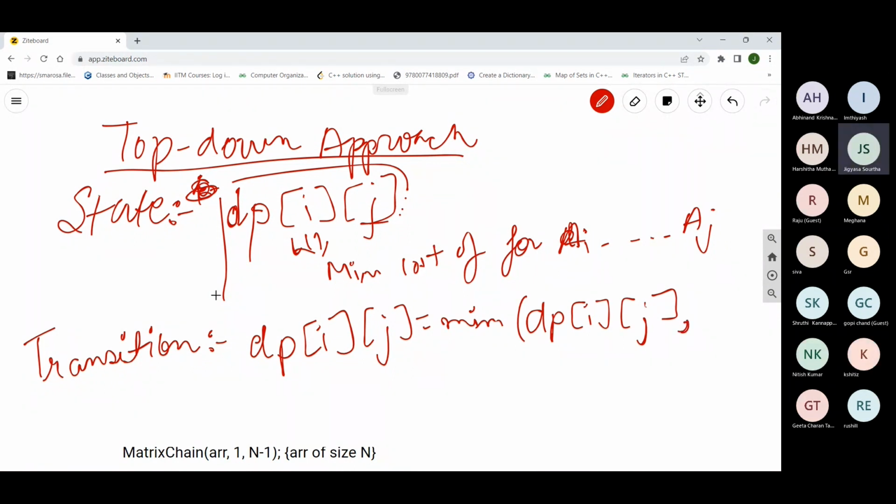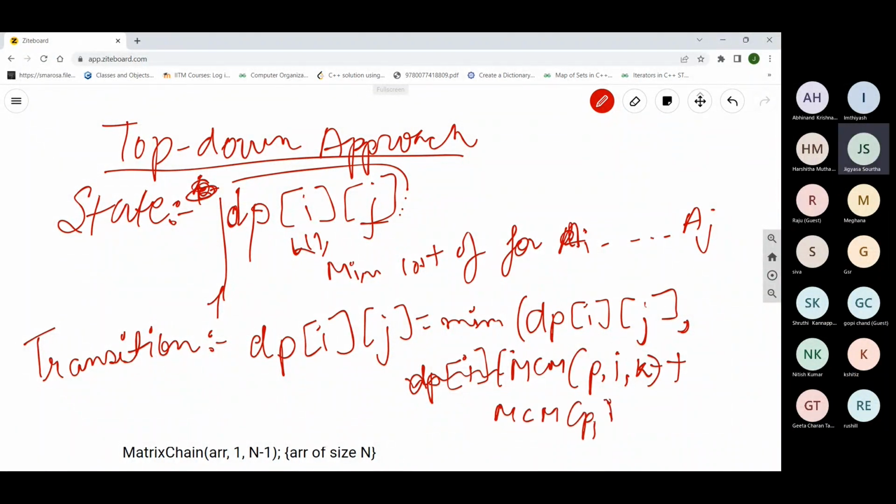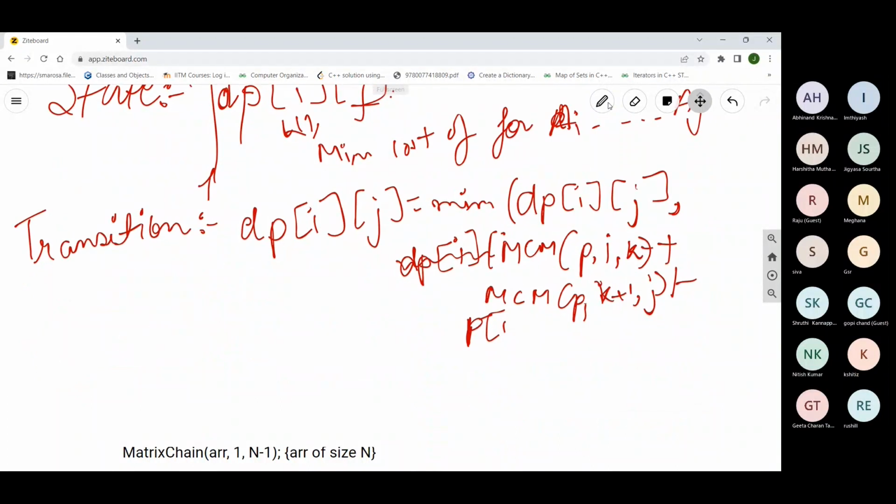When you are running a DP of i, k, if you call the matrix multiplication function MCM P, i to k, plus MCM P, k plus 1 to j, plus P of i minus 1 into P of k into P of j.